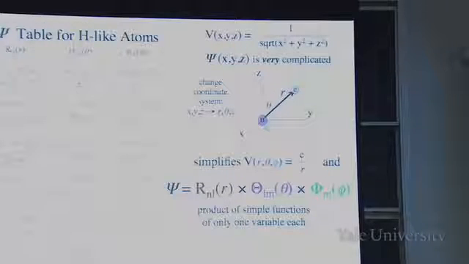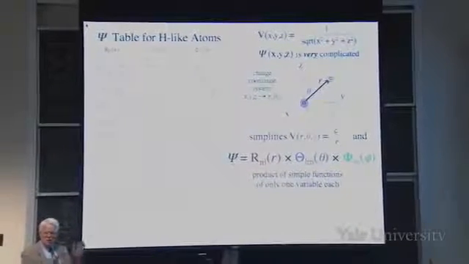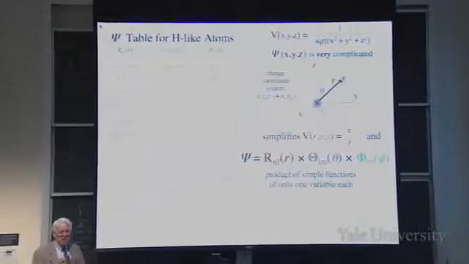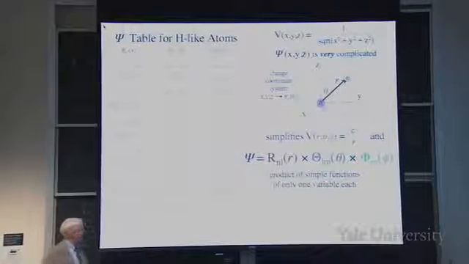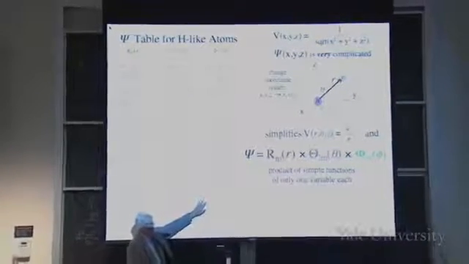Now, this table gives you those functions, the r function, the theta function, and the phi function. It's like a restaurant where you get to choose one from column A, one from column B, one from column C, right? Here's your appetizer, your main course, and your dessert, right?